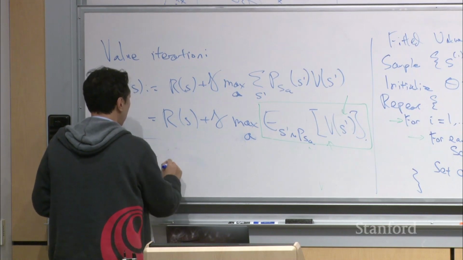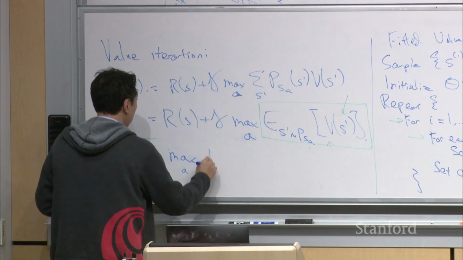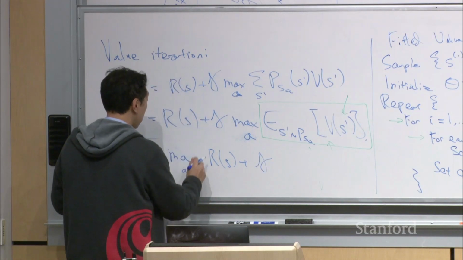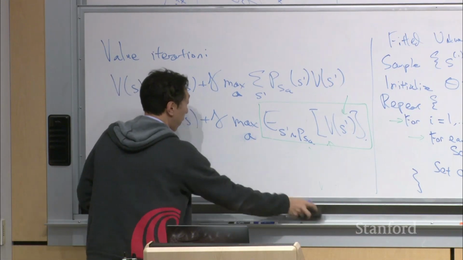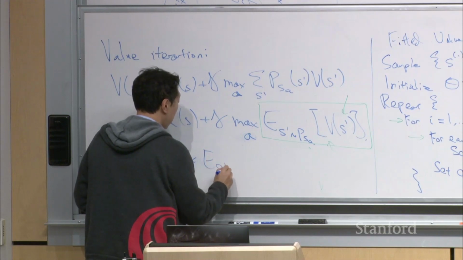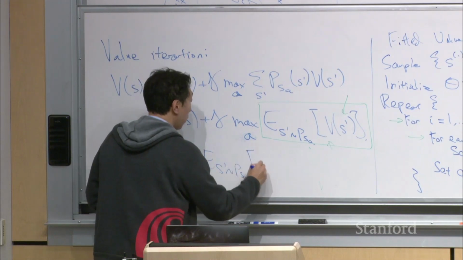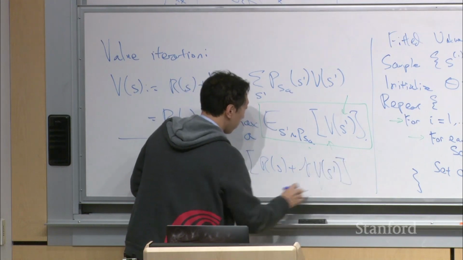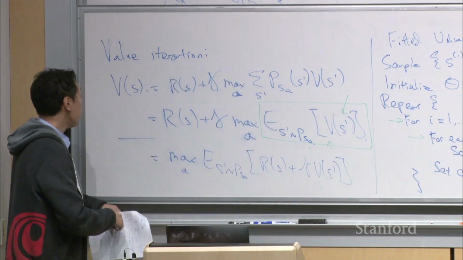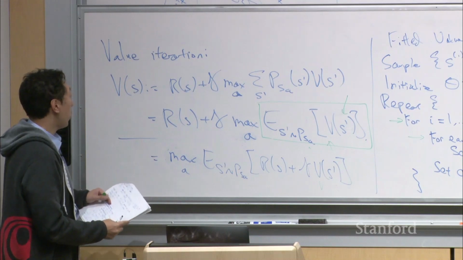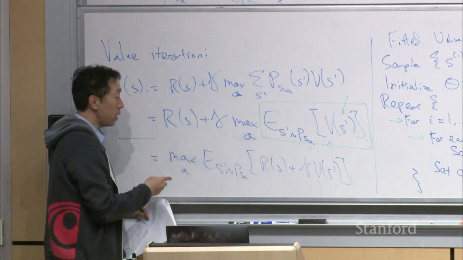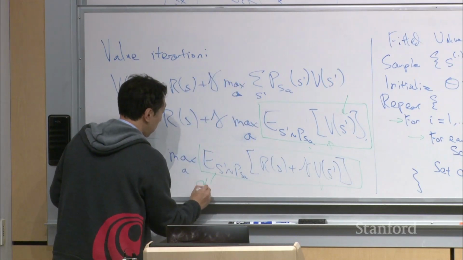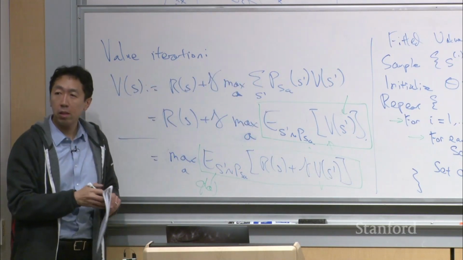If you write this as max over a of R of S plus gamma, yes, sorry, so move the max and expectation out, then this is q(a). Okay?